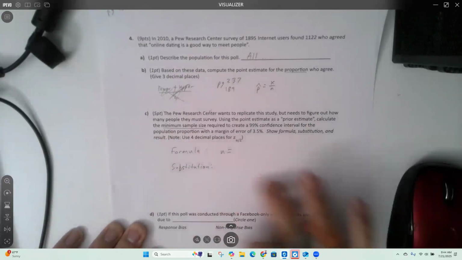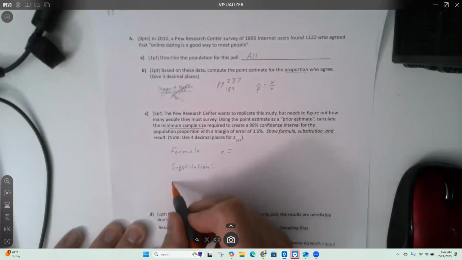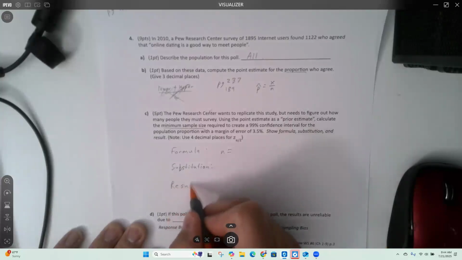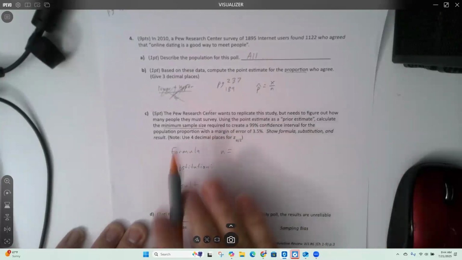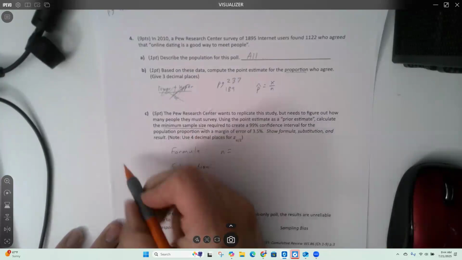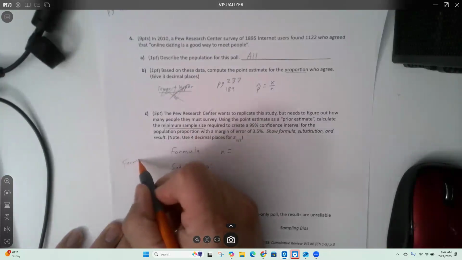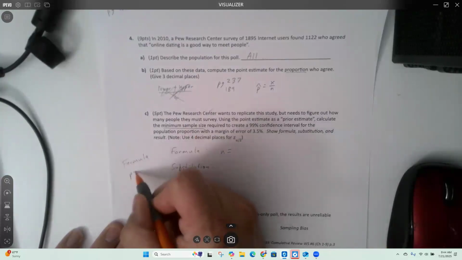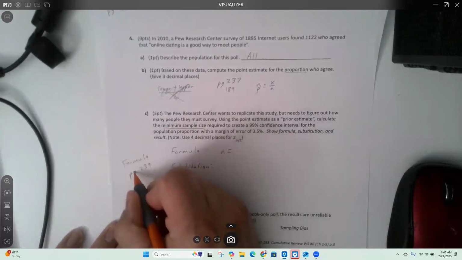You're going to plug in the numbers in the right spot, and then you get a result. Remember, when you're calculating a sample size, we always round up. The formula is on page 239.